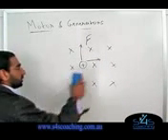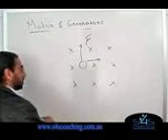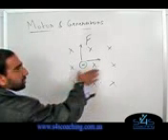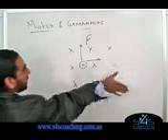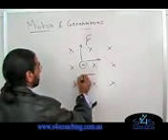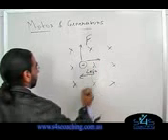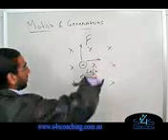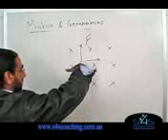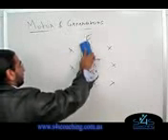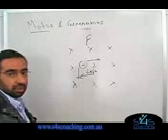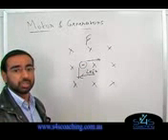If, however, this was an electron, which is a negative charge, then the electron is moving to the right, which means that I can't actually use this directly. The current will actually be going to the left. So my current will be going to the left, my magnetic field will be going in, and the force is actually going to be down. Now there are two formulas that you can use.